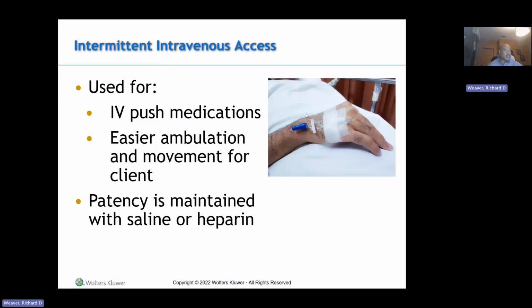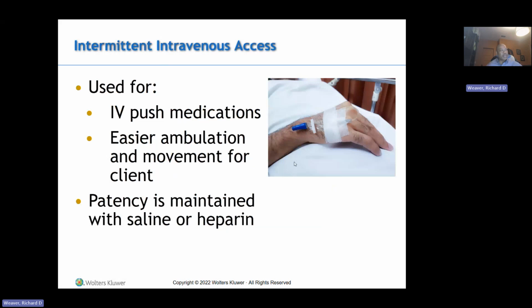And this little white piece here is how we would not cap off, but basically close the line off so that we can protect it from inadvertently administering something through that IV device. But this is basically used for intermittent use.